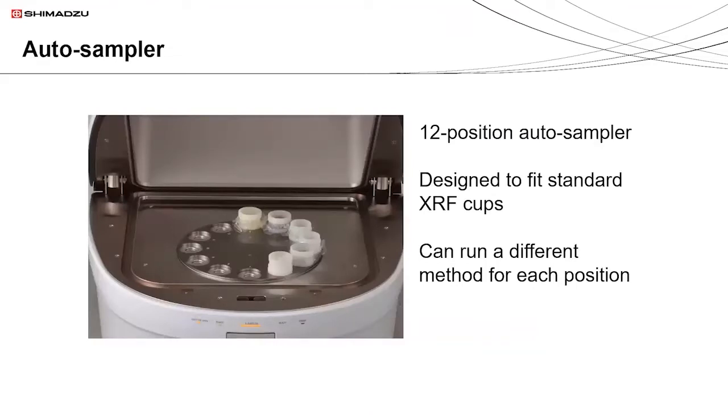Shimadzu's XRF systems can be equipped with an autosampler. So the standard autosampler is a 12-position autosampler. It's designed to fit a variety of XRF cups. Now, what's really nice about the autosampler is that you can customize an analysis queue or spool to any fashion you want.